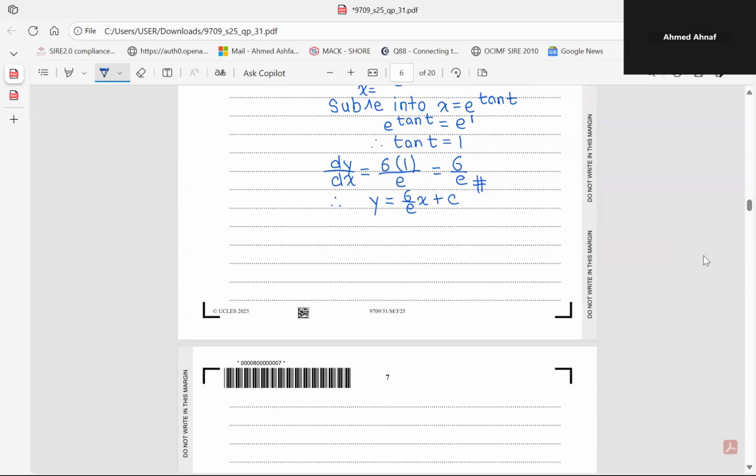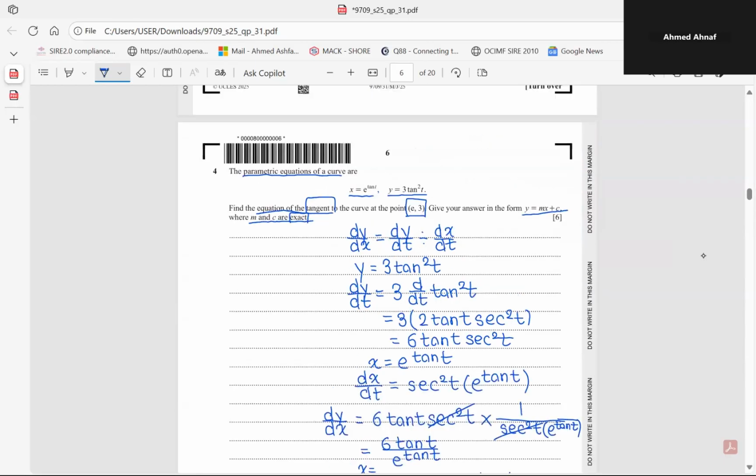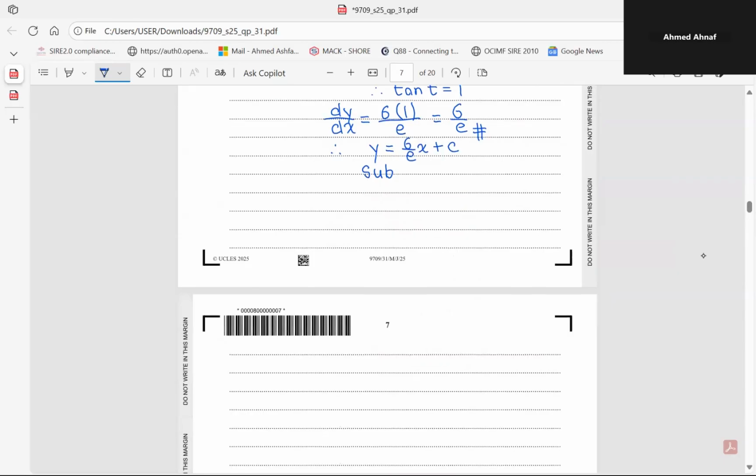Okay, so now in order to find the value of c, we're going to substitute both of the x and y coordinates, which is e and 3, into equation 1. So we would have 3 equals 6 over e times e plus c. So the e's cancel out.